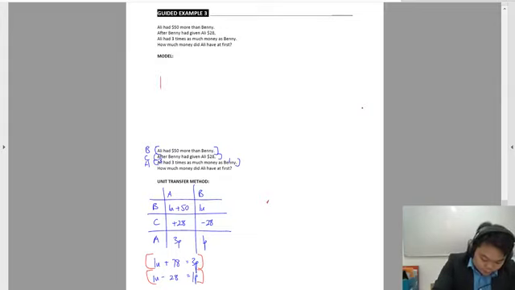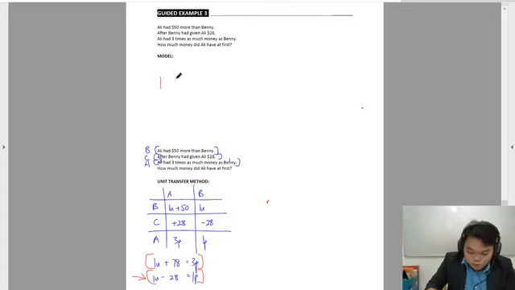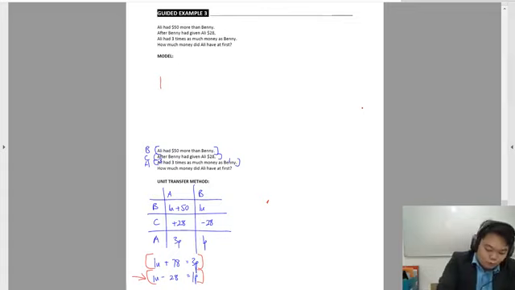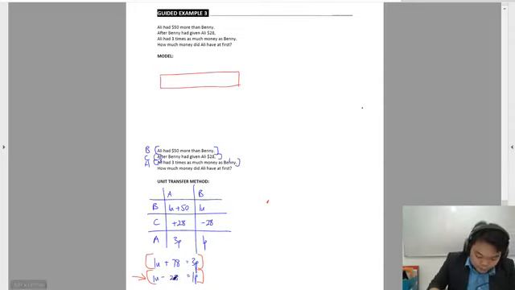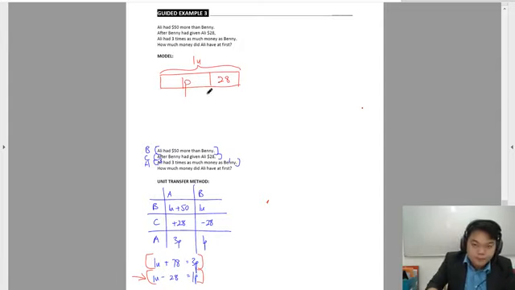You have 1 unit minus 28 equals to 1p. As a general rule of thumb, you want to start off your model with the negative statements first. This will make it easier to fit in the positive model later on. So your entire bar here is 1 unit, and you are taking away 28. This leaves you with one part over here.